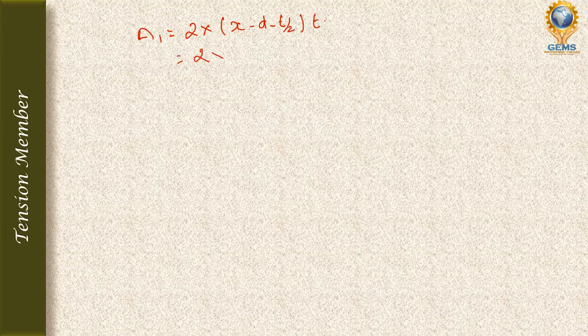so 2 times (x minus d minus t by 2) into t. The x value is 90 minus 19.5 minus 10 by 2, into 10. It is 1310 mm square.